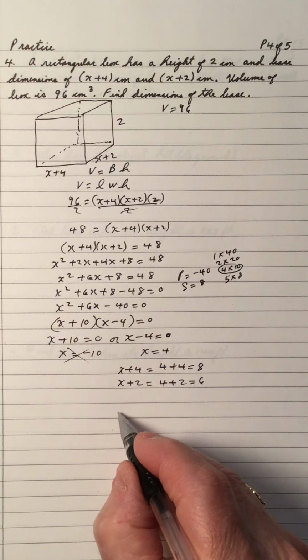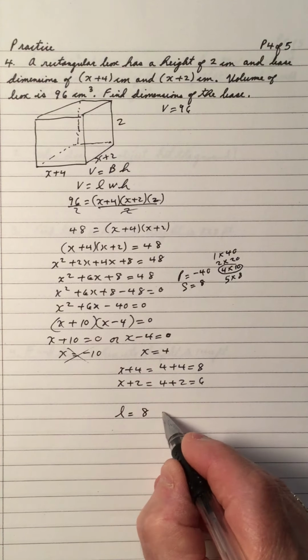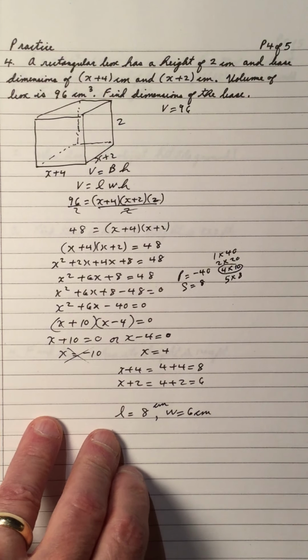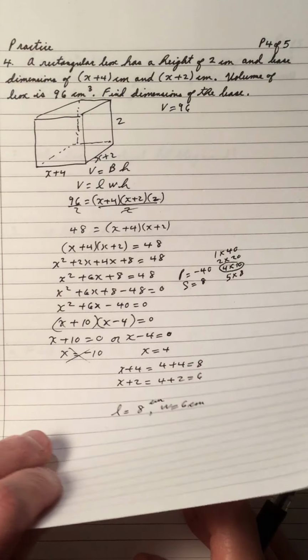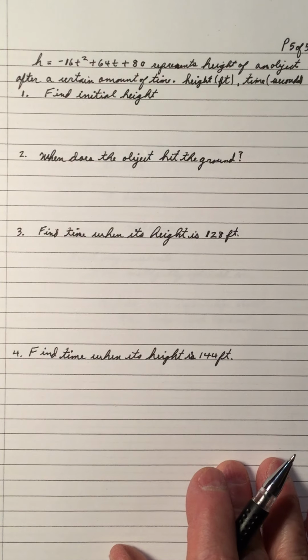So the dimensions of the base is the length is 8 and the width is 6. And it's all in centimeters. Okay, hopefully, notice you end up with a quadratic, and you solve the quadratic by either factoring or quadratic formula, or whatever way you want to go.